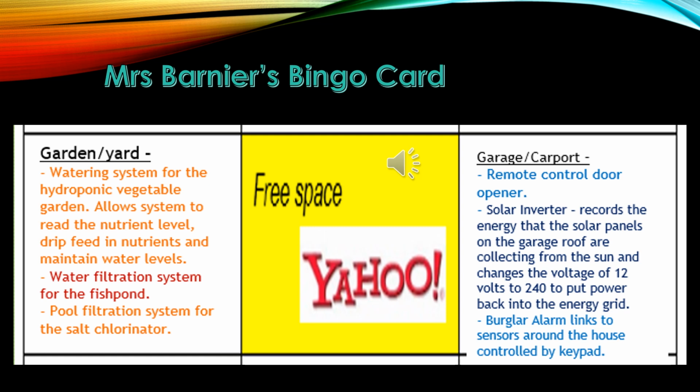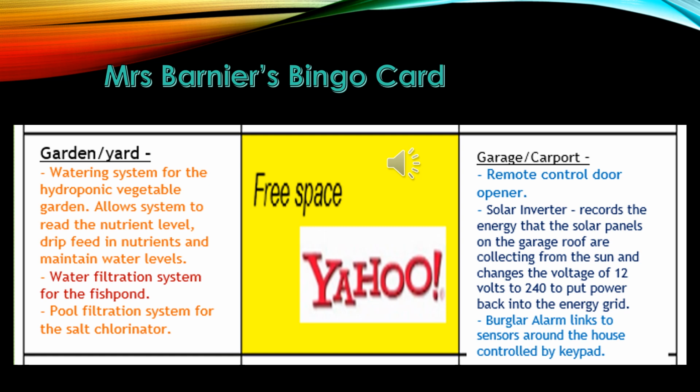I think our garden yard and our garage and carport would have the most complex systems. That's why I thought I would put in this soundbite. So in our garden yard, Mr. Barnier, not Mrs. Barnier, has a hydroponic vegetable system because Mr. Barnier is the gardener of the family. The hydroponic vegetable system means that our seedlings grow in water, and the water therefore has to be free flowing.